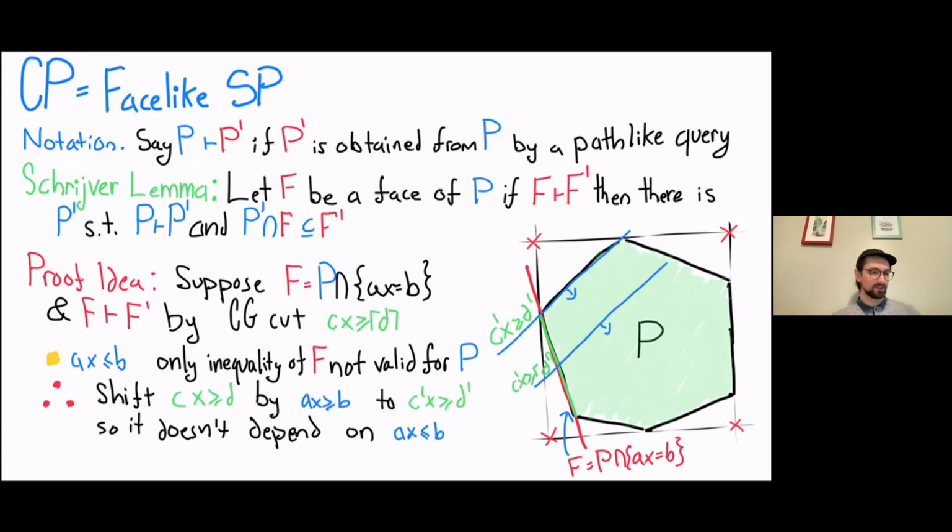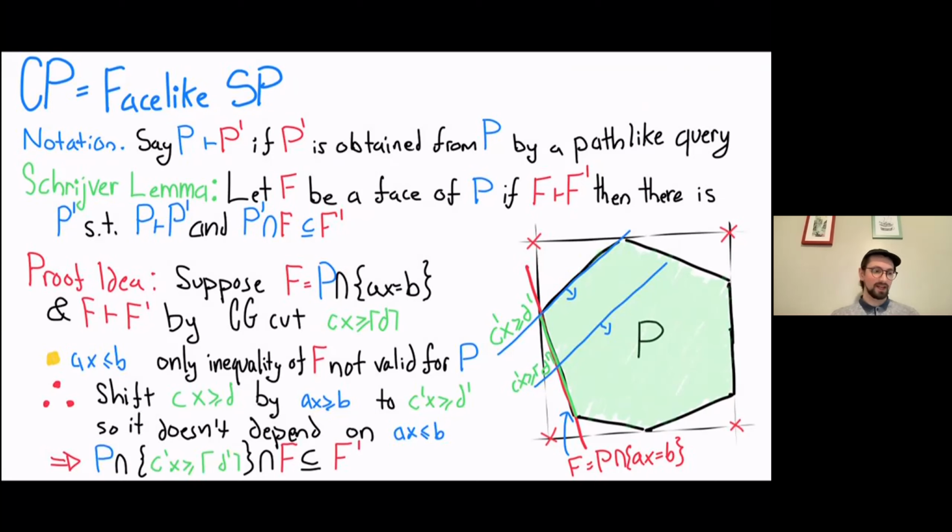So you want to take CX greater than or equal to D and shift it to C prime X greater than or equal to D prime by basically adding AX greater than or equal to B enough times so that it no longer depends on AX less than or equal to B. That means you can deduce C prime X greater than or equal to D prime from the polytope P, and you get the final thing you want: P intersect the round of C prime X greater than or equal to D prime, intersected with F, is then contained in F prime.